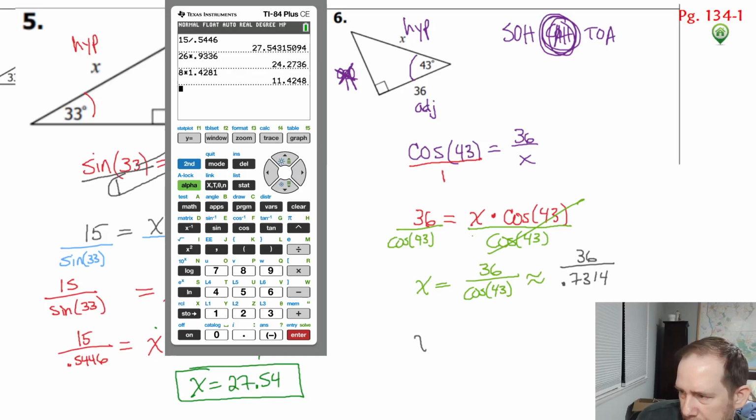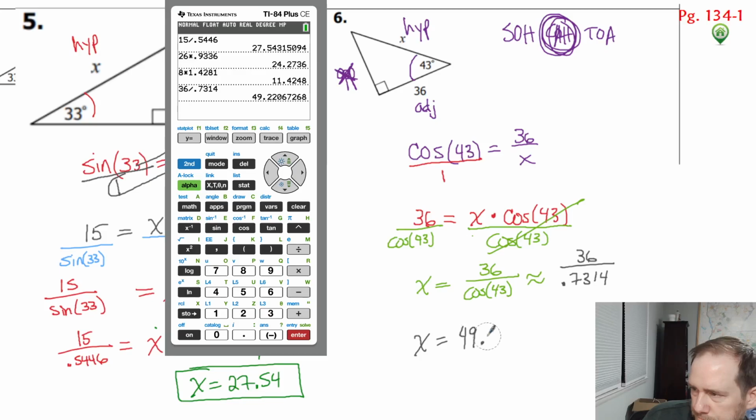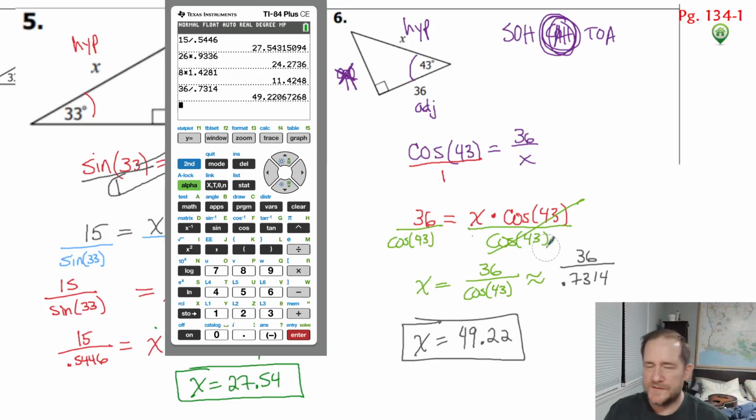So let's see what we get when we do 36 divided by 0.7314. It gives us 49.22. Well, that's it. So that's number 6. We can go do 7.